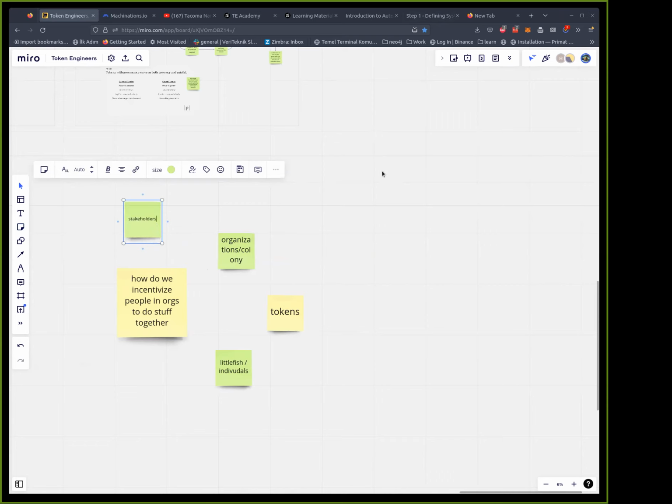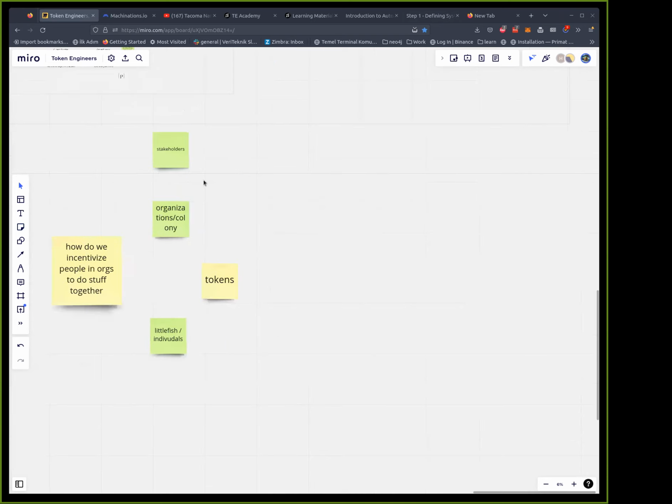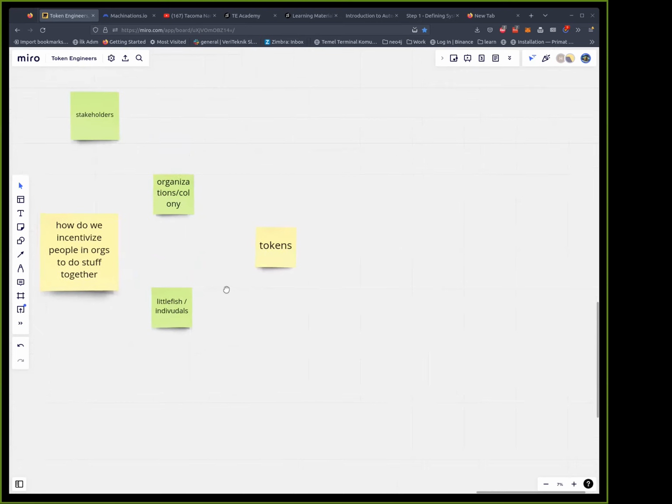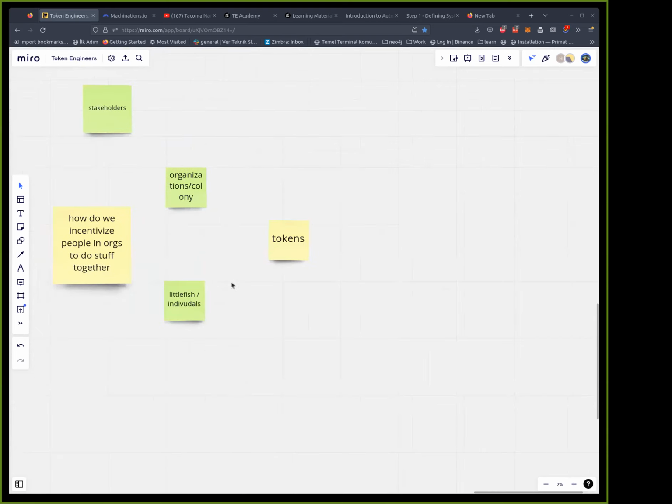So for the individuals, they can get paid in these tokens, and then what is the value to them? They can spend these tokens, they can exchange these tokens. What does the token give them inside of this ecosystem, the littlefish community? What utility does it provide them? Those are some of the questions.